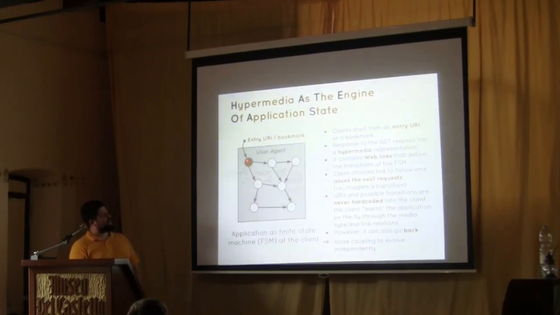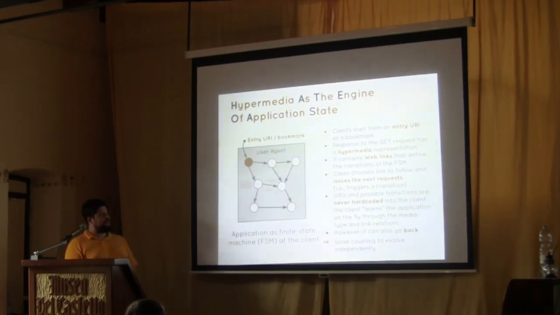You do a GET request, and then you get a web page, the initial state basically. And this response, it's hypermedia. That means it's linking to other media, so it gives you links that you can follow. These web links basically give you the choice of which transition to take, or you learn what transitions are actually there in this application.